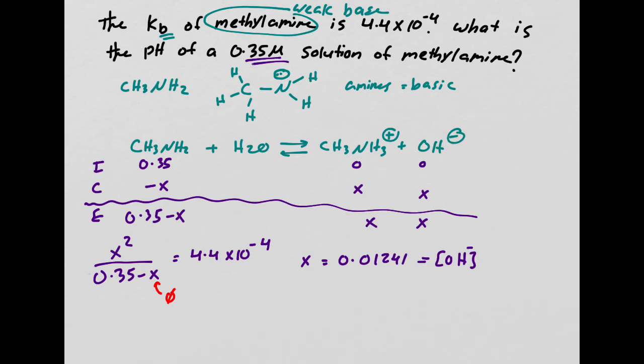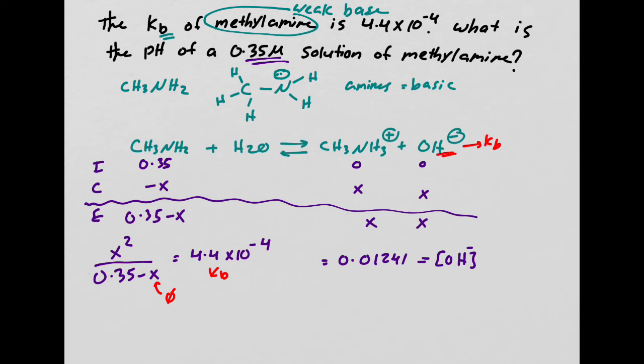Again, remember, this is a Kb because I have a base. I have an OH minus in the solution. So I'm going to use a Kb. All right, so when I get the x out, the x is going to be the hydroxide concentration.